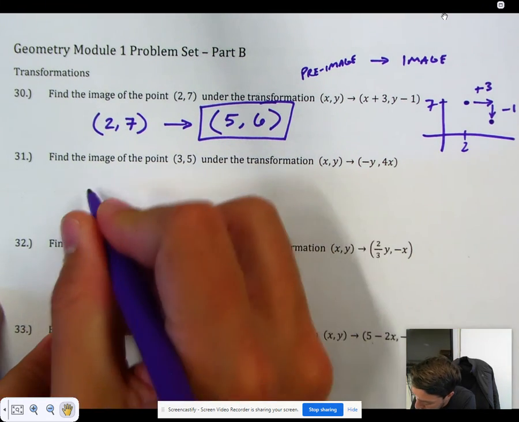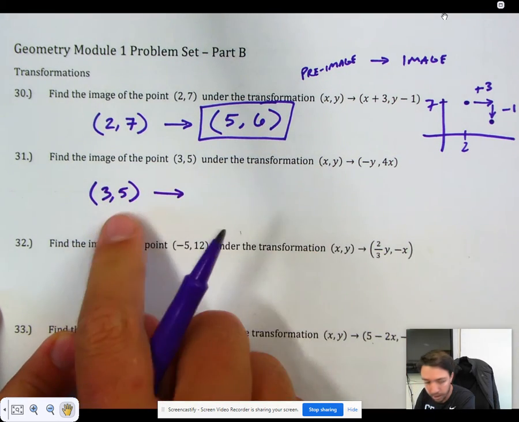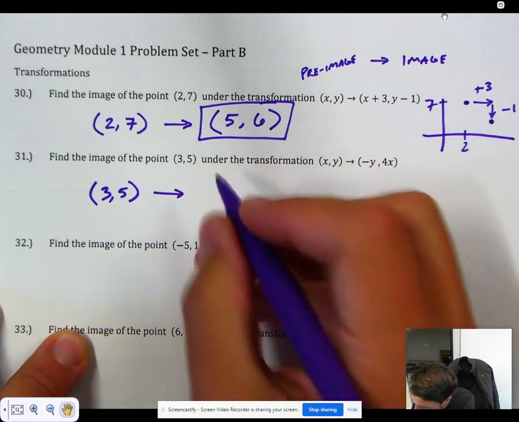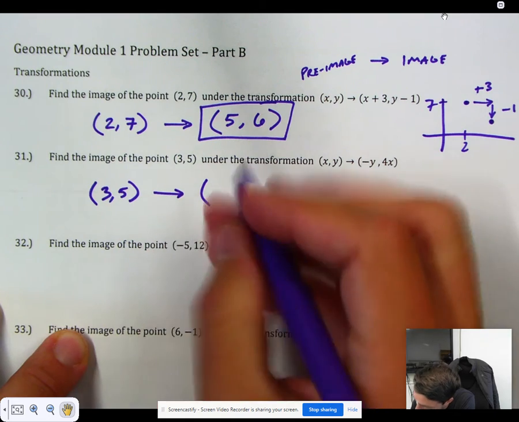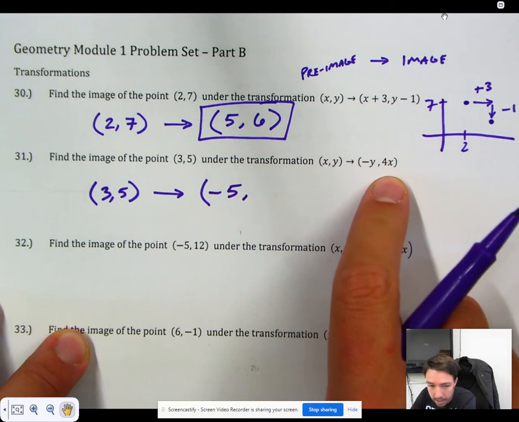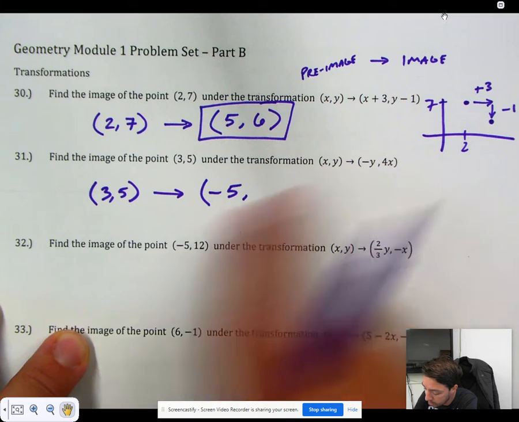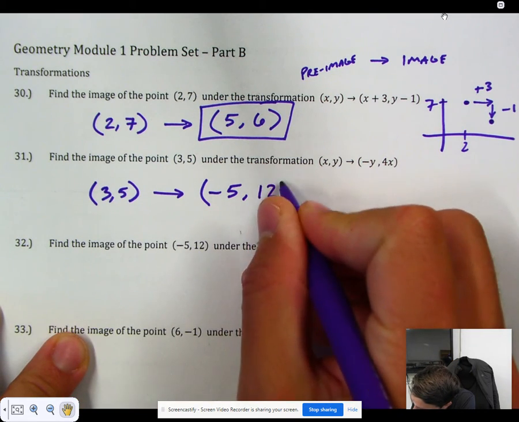So when we do this to 3, 5, the first thing we're doing is taking our y value 5 and moving it into the x position, but also making it opposite. So this first number would be negative 5. And then it says that now the y value is going to be 4 times the original x value. So I'd multiply this 3 by 4 to get 12.